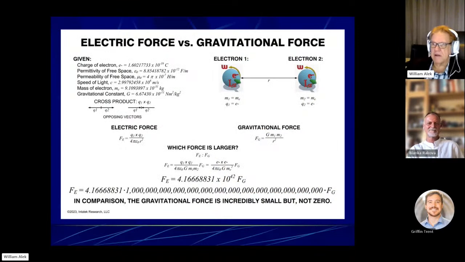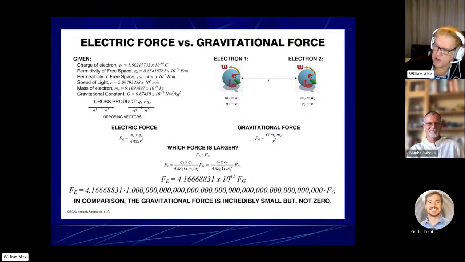Next slide: electric force versus the gravitational force. I put this slide in here to show people the huge difference between the electric force and the gravitational force. It's absolutely enormous.